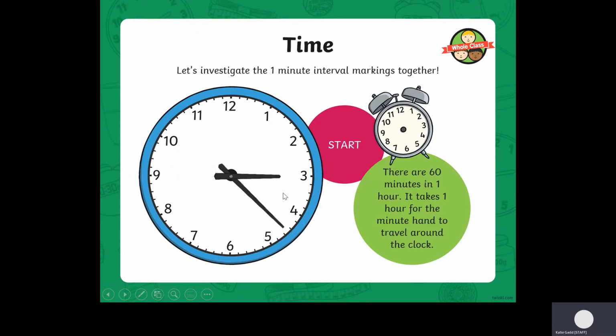But now as the minute hand passes through all of these minute intervals, the hour hand is moving from the 3 and pointing more towards the 4. So we're at 29 minutes and now we're at 30 minutes. And it's going to carry on going all the way around the clock.